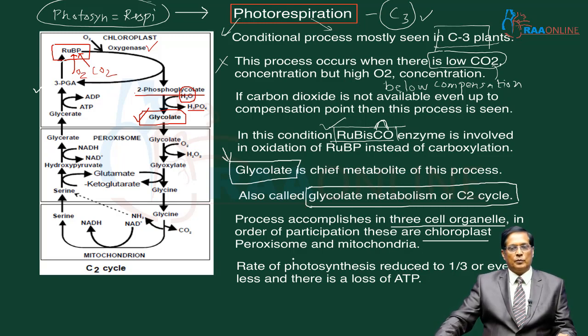Then second one is peroxisome, a microbody, also called uracosome. And third structure is mitochondria. Question pre-medical, that is number 1 chloroplast, number 2 peroxisome, and number 3 mitochondria.